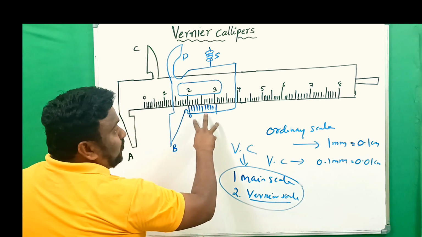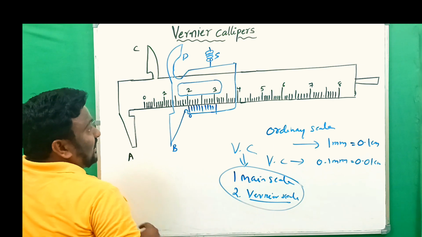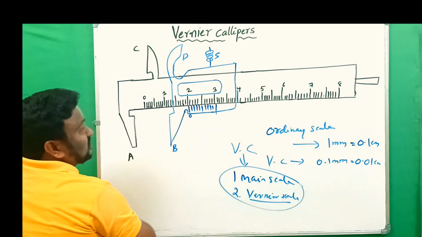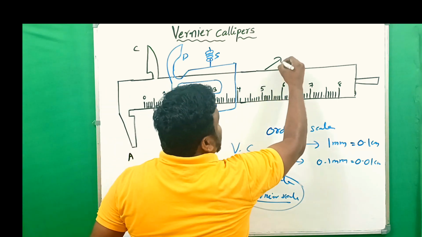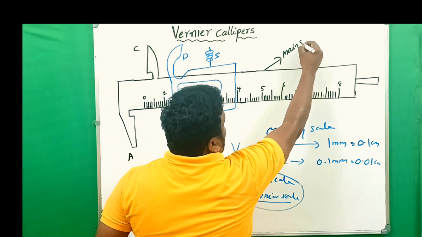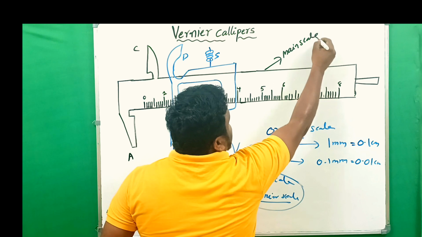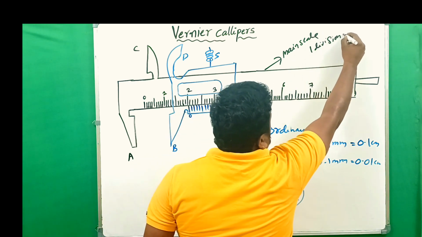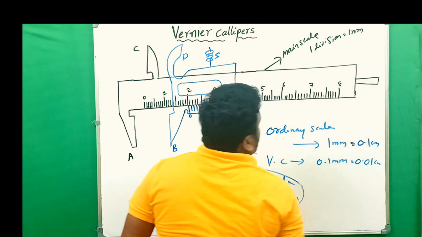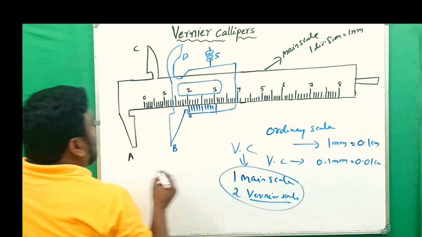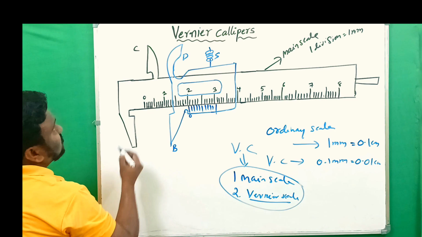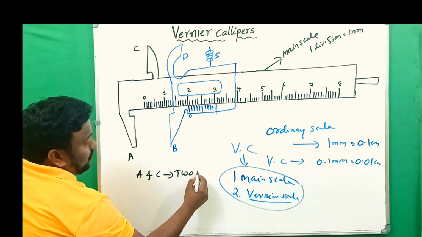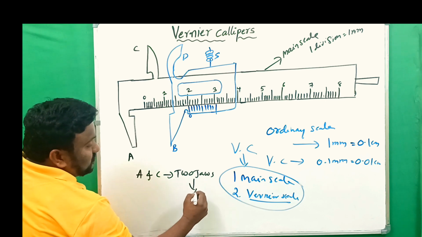Look here, on the board there is one diagram. In that, the one black color metal should be taken as the main scale. On the main scale, one division is equal to 1 millimeter. Clear? In that, you have to observe there are A and C, two jaws that are fixed.